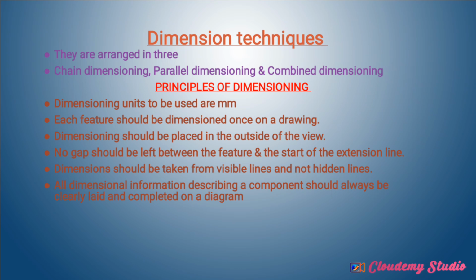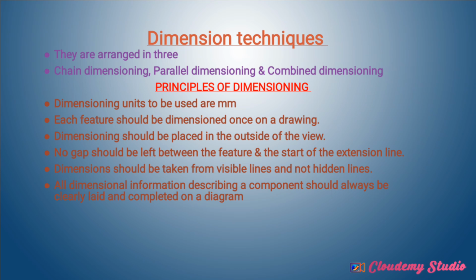Then each feature should be dimensioned at least once on a drawing. To avoid over dimensioning of an object, you just have to dimension once. And I said that if you see there is a longest side and inside there they have some partitions, it's not necessarily that you have to dimension all those partitions.